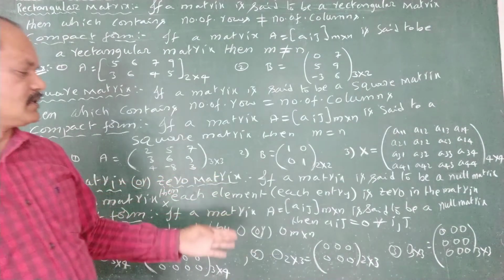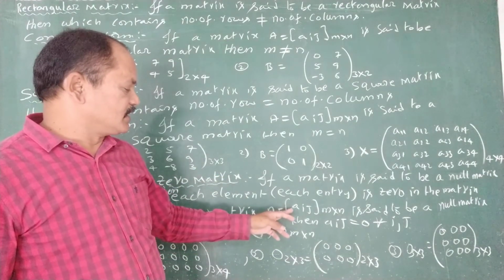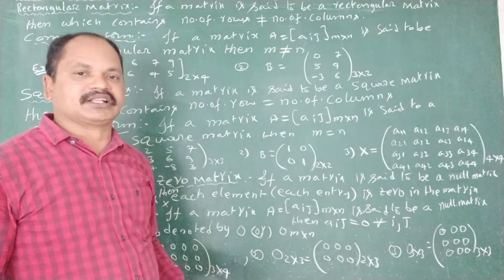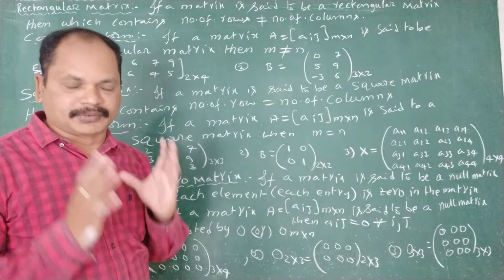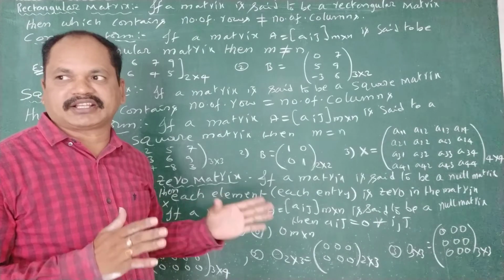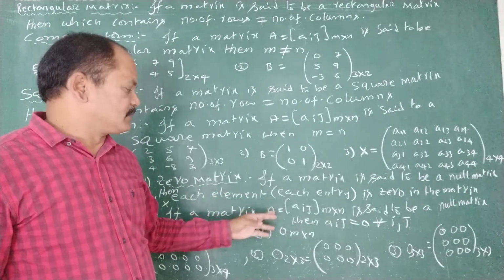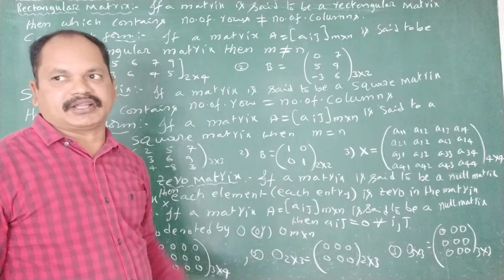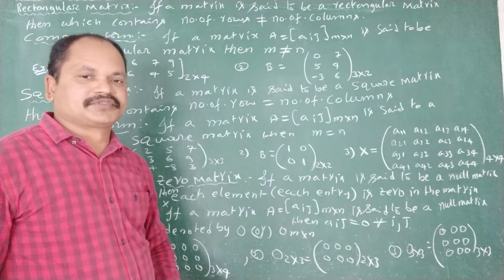And for a null matrix, the compact form is again A = [aij] m by n, with m rows and n columns.